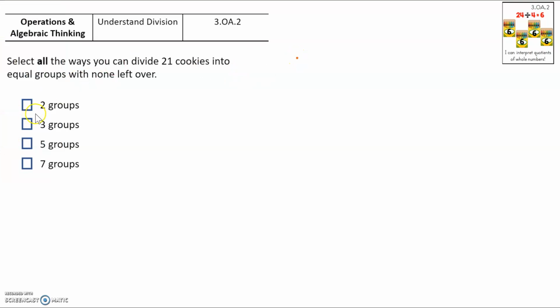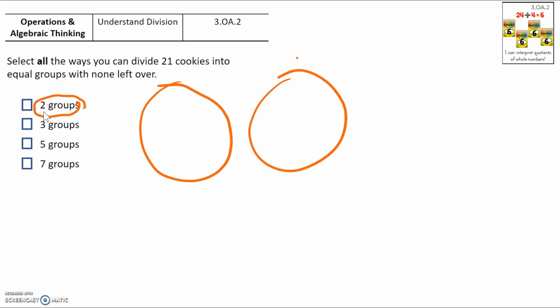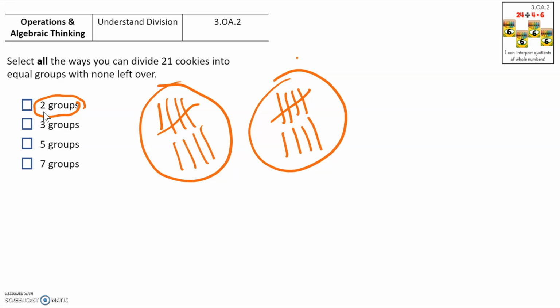So our first one tells us that we have two groups. So I'm going to come over here and draw two groups. And I'm going to divide my 21 cookies into each one. 1, 2, 3, 4, 5, 6, 7, 8, 9, 10, 11, 12, 13, 14, 15, 16, 17, 18, 19, 20.